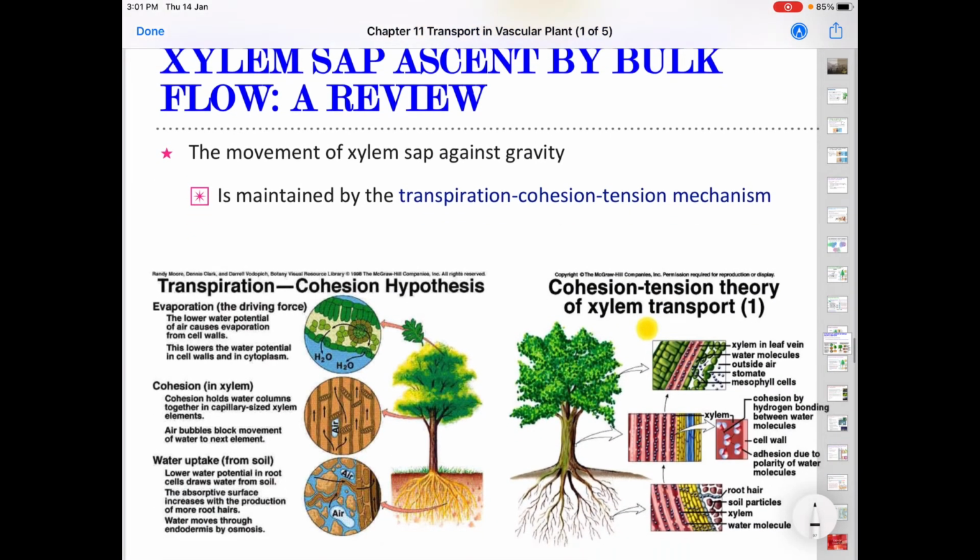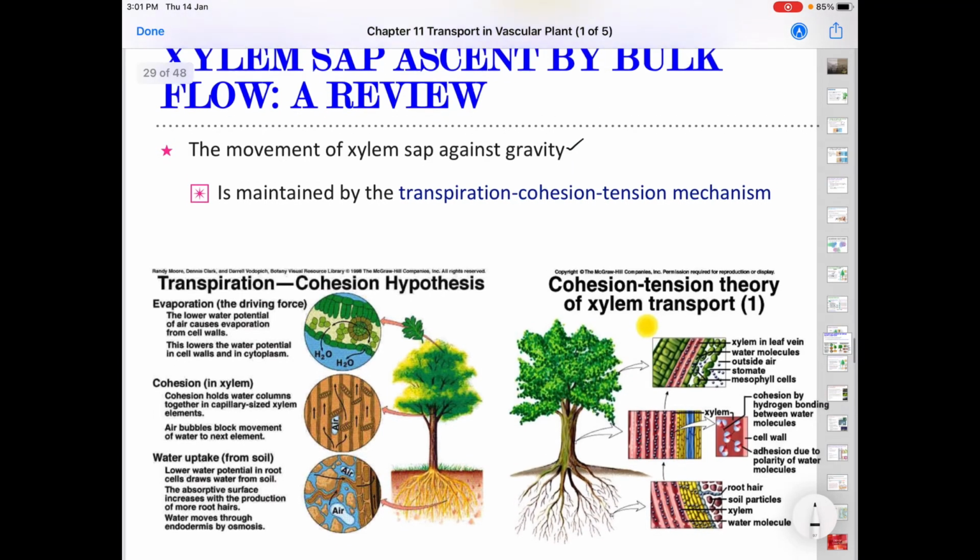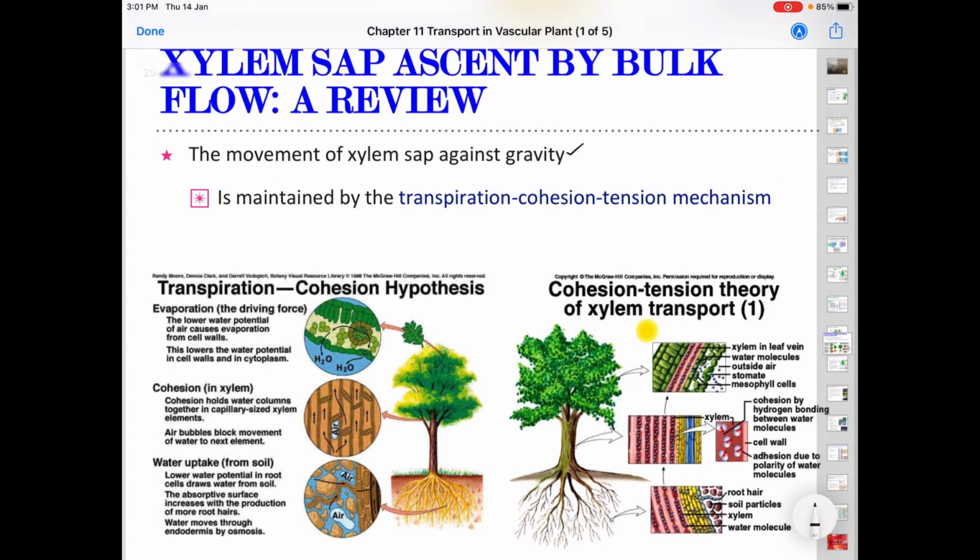So xylem sap ascends by bulk flow. A review: the movement of xylem sap against gravity, because the xylem carries the water and minerals from downward to upward, which is against the gravity pull. This is maintained by the transpiration-cohesion-tension mechanism. Just remember this. What do you understand from the transpiration-cohesion-tension mechanism?